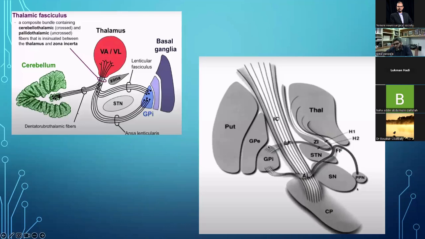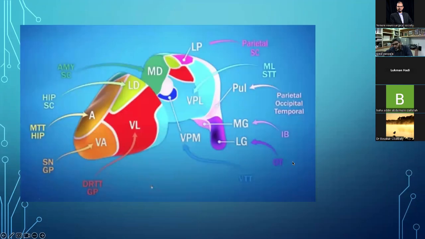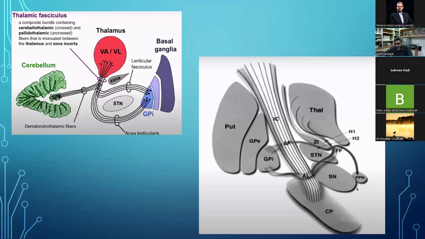And this is the orientation here. The ansa lenticularis will be passing over the posterior limb of the internal capsule, whereas the lenticular fasciculus will be crossing under the posterior limb of the internal capsule before they join the thalamic fasciculus.